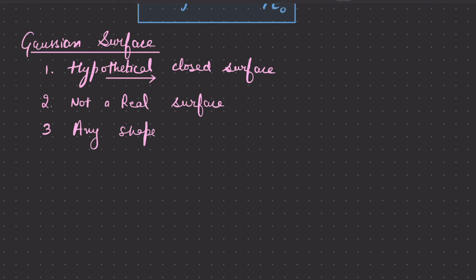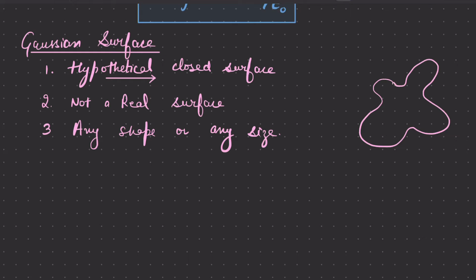or of any size. So our Gaussian surface is a kind of surface which could be of any shape or any size, but we will always consider that kind of Gaussian surface over which we can easily take the surface integral of electric field. If we take any arbitrary surface, something like this, I will not be able to calculate the surface integral of this surface.